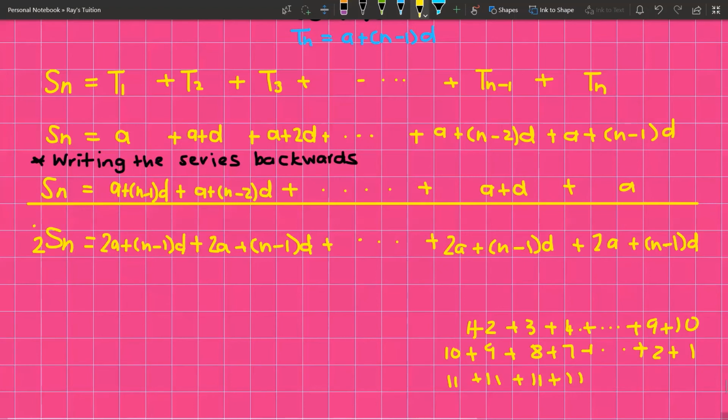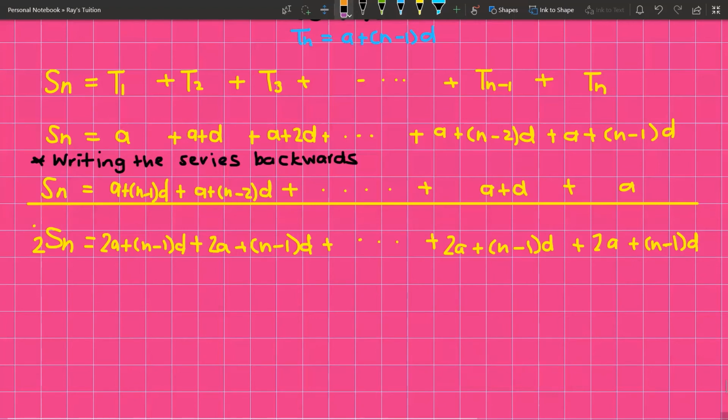It's this property, unique to arithmetic series and sequences, that we are using. So the trick is to write it backwards and add the terms, and you always get the same number.